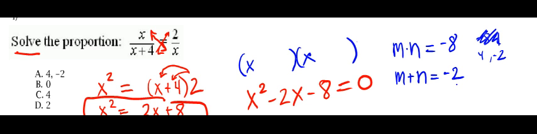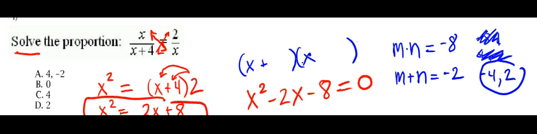But when I add them, I don't get negative 2. So that should lead you to the conclusion that you probably should just switch the signs here. And if you use negative 4 and positive 2, you're set. Those multiply to give you negative 8 and they add to give you negative 2. So I'll come in here and always put a plus sign, but if it's a negative, you're going to have to put a negative right here. So that's a negative 4 and that's a 2.